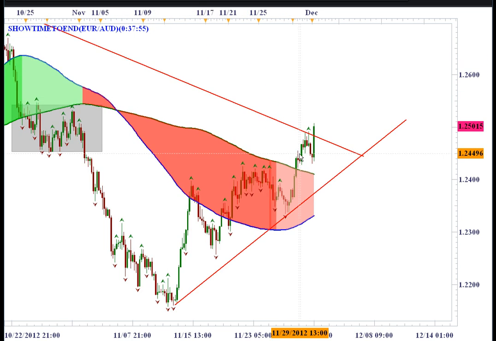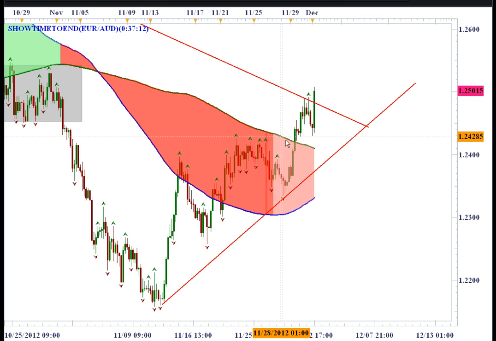Okay, now you could see this is today, and here we had a fractal level, and then the market closed, and then now the market opened. When this candle closes above all this, you will get into this trade long. You'll put your stop loss right here, right below this level. Why do you get into this long here?